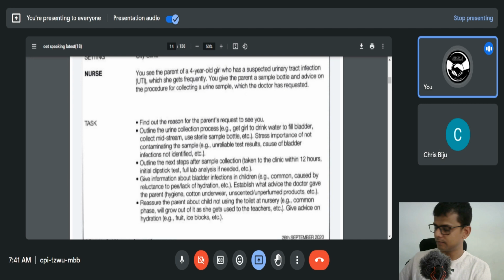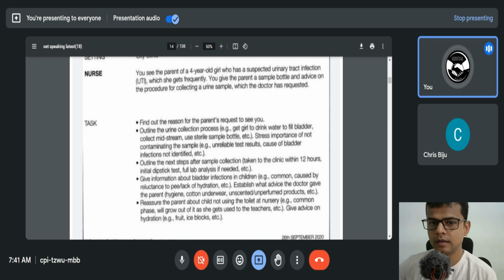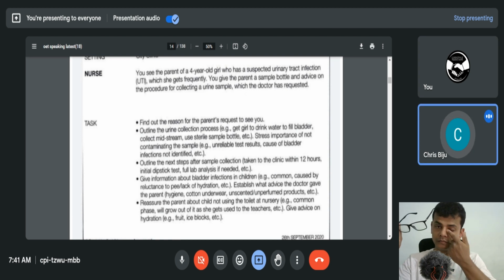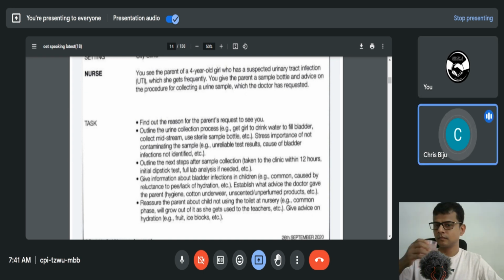Yes. When did she start the symptoms? It's been a couple of weeks. Did she experience any pain? Not pain particularly. Did you notice any other symptoms associated with this?